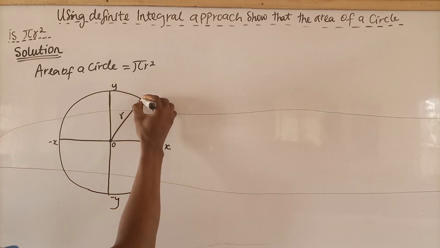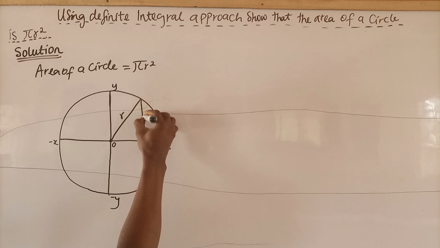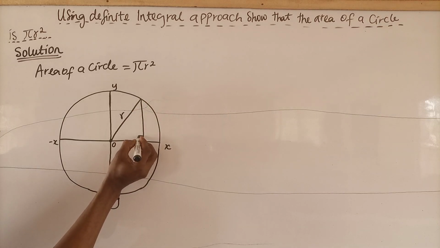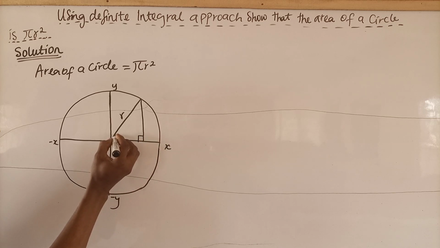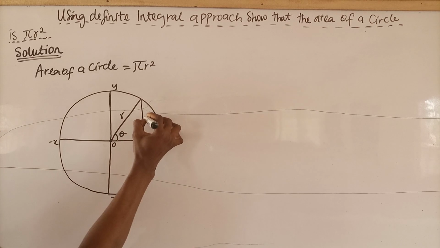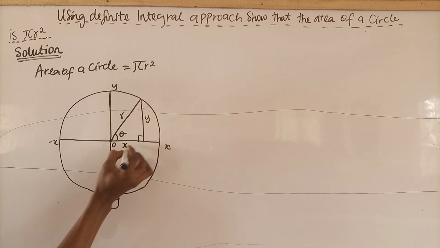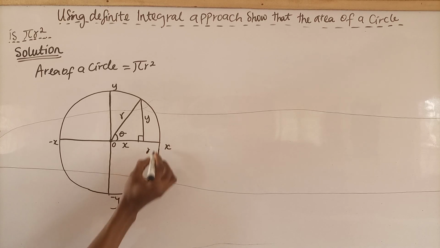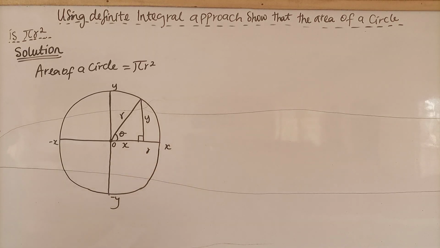If I draw a line perpendicular to the x-axis, I have formed a right angle. Let me call this angle theta. So I can call this y and this x. Remember that this whole line to the circumference is R, which is the radius. If I draw another line from this place to this place, it is also a radius.